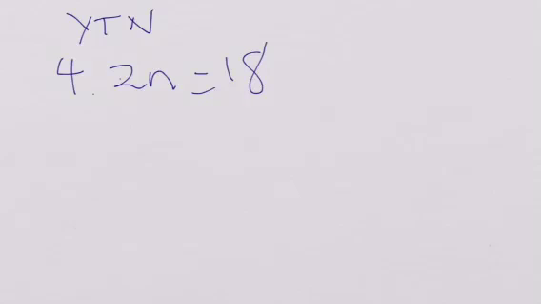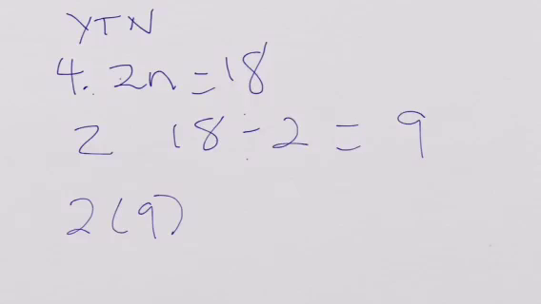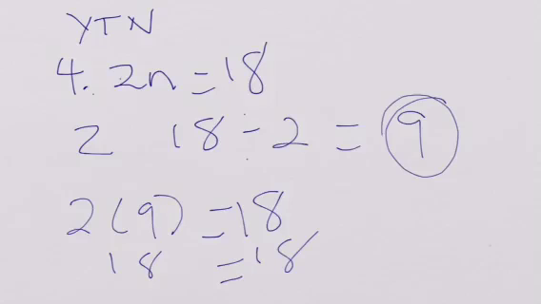We have to figure out what question we could ask. We know we have a 2, and we know we have an 18, so we could just divide 18 by 2. We know that's going to be 9, so we can assume that the n is our missing number, and 2 times 9 equals 18, and so our answer is 9 on 4.